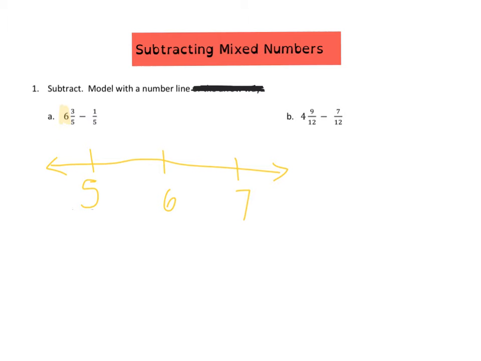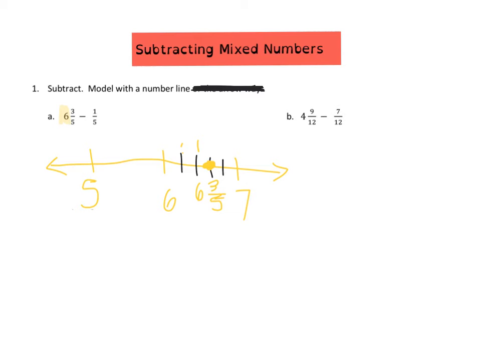I'm going to change my color so you can really see it and draw 1, 2, 3, 4 lines. All right, so I want to figure out where is my starting point. Where is 6 3/5? I'm going to look at 6, count 1, 2, 3 fifths, mark it, and label it. So that point is 6 3/5.